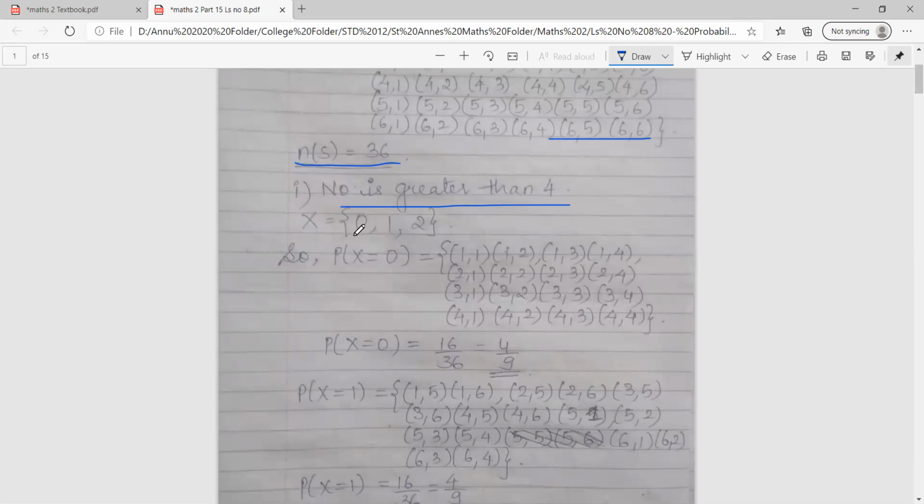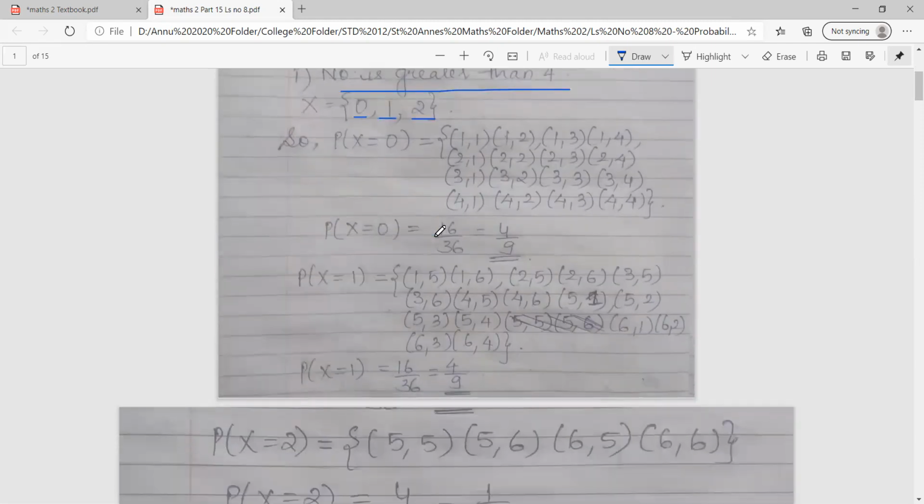That is, no number is greater than 4, at least one number is greater than 4, all the 2 numbers are greater than 4. So let's calculate each of them one by one. P of x is equal to 0 will be none of the numbers is greater than 4. That means it is either 4 or less than 4.